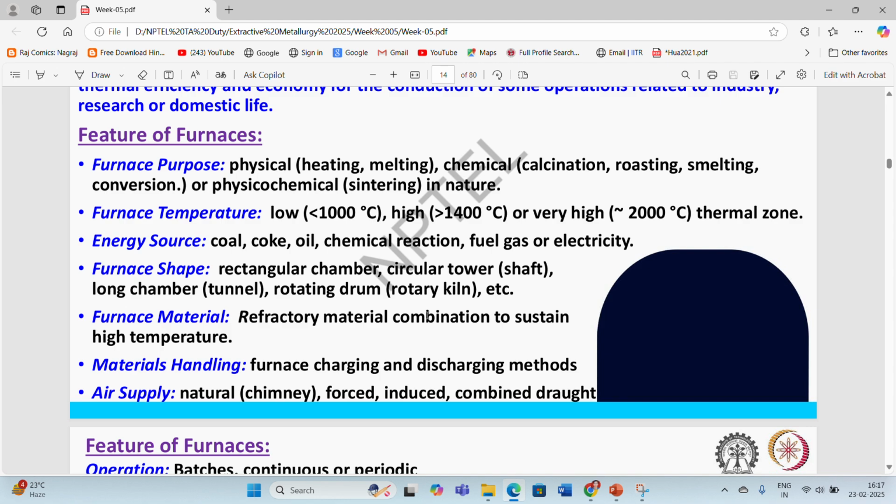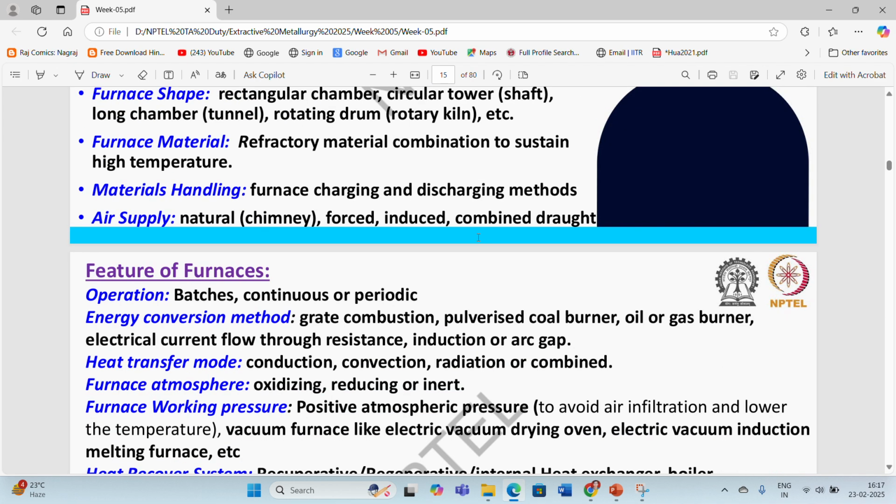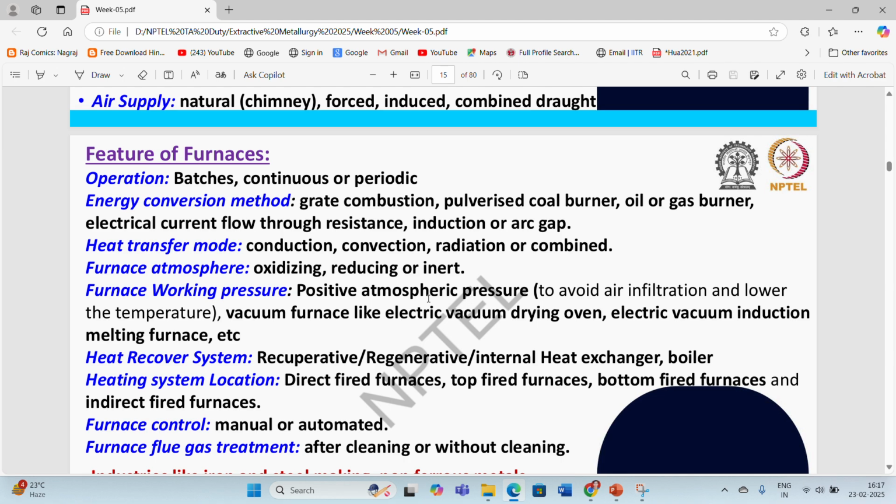Then materials handling, like furnace charging and discharging operations, how we are going to perform them.